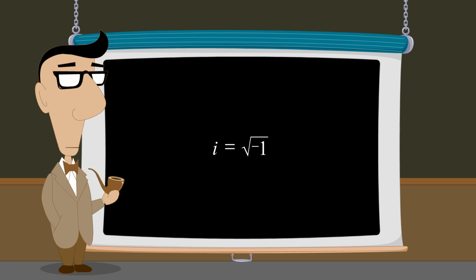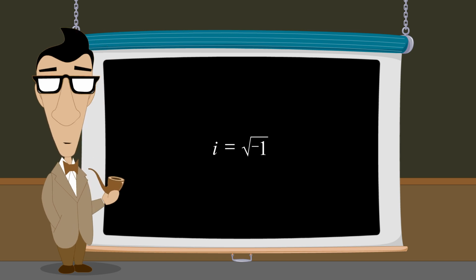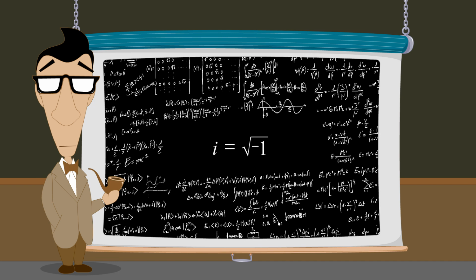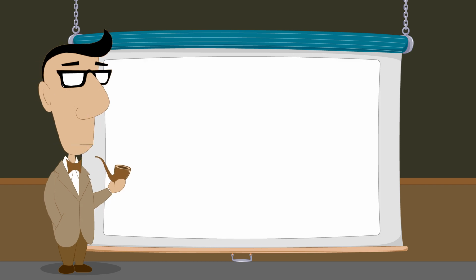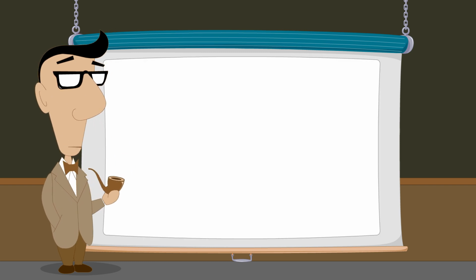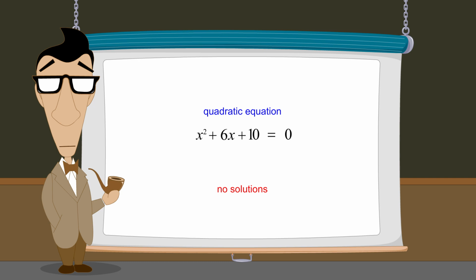Although this may have started as a purely academic pursuit, since that time, complex numbers have become indispensable in many areas of engineering and science. When we first introduced complex numbers, we showed that quadratic equations that have no solutions when only real numbers were considered do have solutions if we extend our number system to include complex numbers.